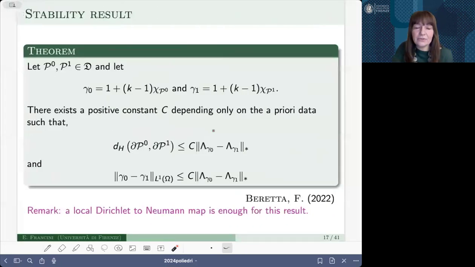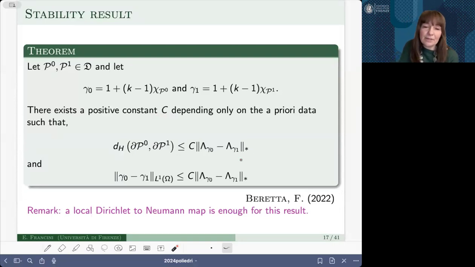So this is our result, the one that we proved. If you have 2 polygons, P0 and P1, that satisfy all these non-degeneracy assumptions, and you take 2 conductivities, which are 1 outside the polygon and k inside the polygon, one for each of them, then there is a positive constant c that depends only on the a priori data, such that you can bound the distance between the boundaries of these polygons by a constant times the difference of the Dirichlet-Neumann maps.